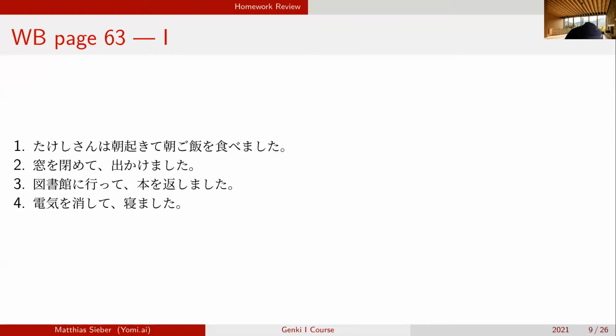All right. Next, we have page 63. Pictures below describe what Takeshi did yesterday. Make sentences using te form. So let's go over that real quick. Takeshi-san wa asa okite asa gohan o tabemashita. Asa okite, so we know asa, right? Morning.